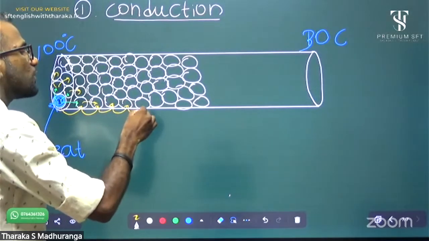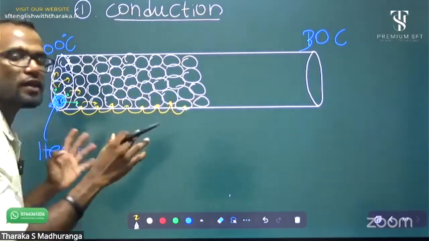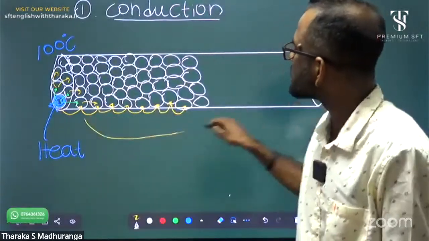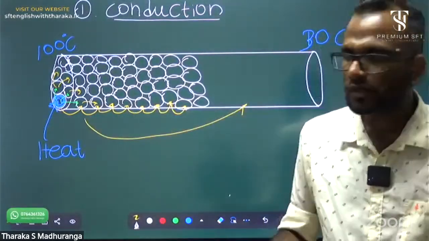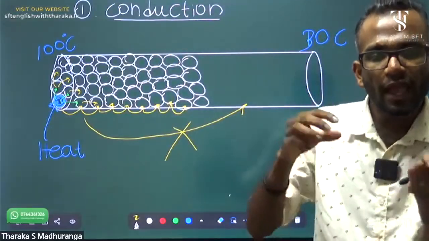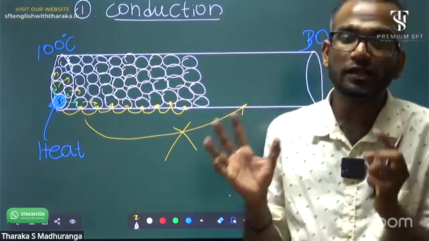This is a method. The main characteristic is no net movement of molecules. Understood? Only molecules vibrate, and molecule to molecule heat transformation we call conduction.